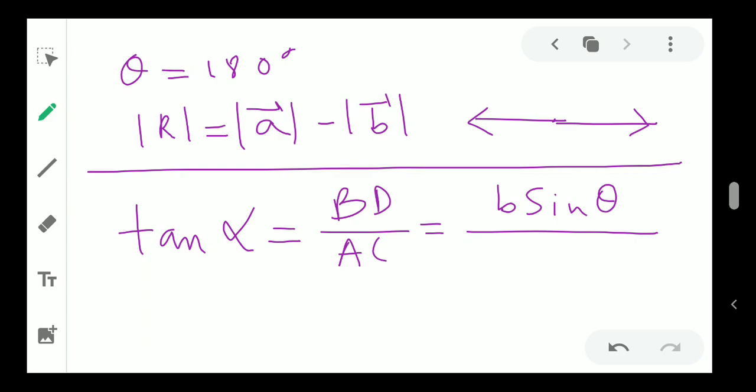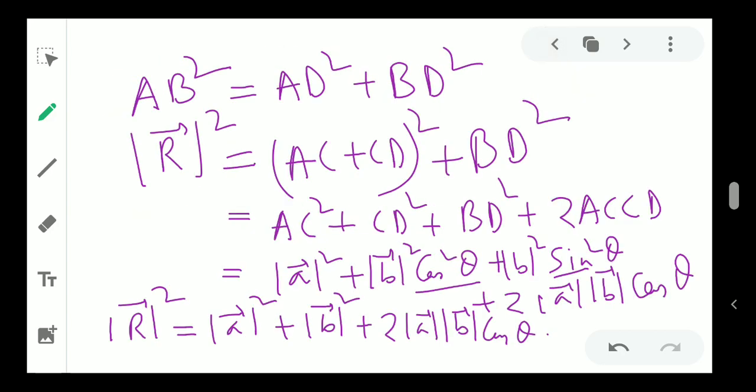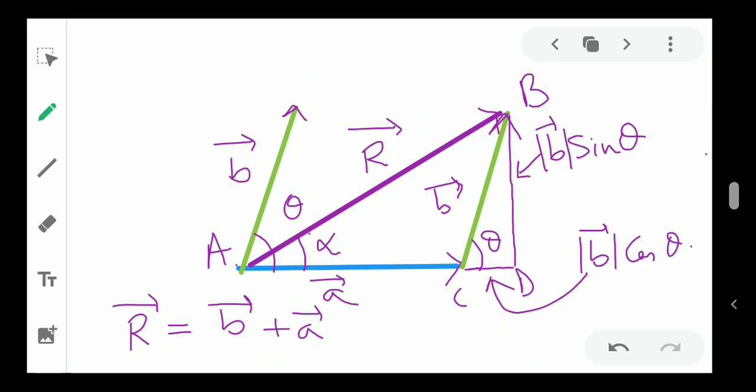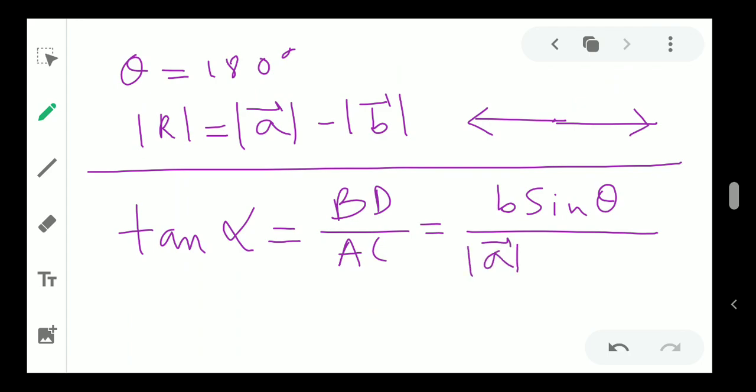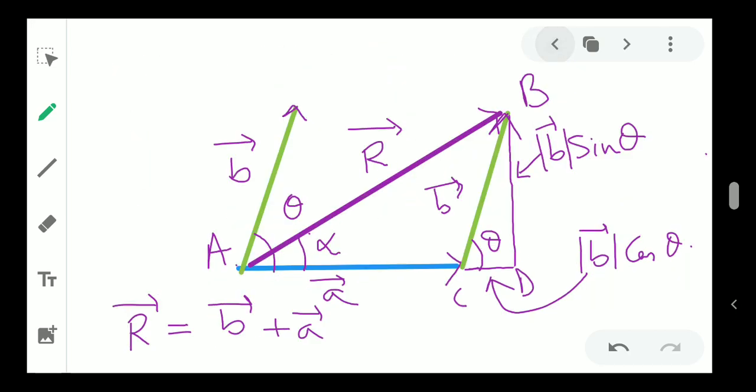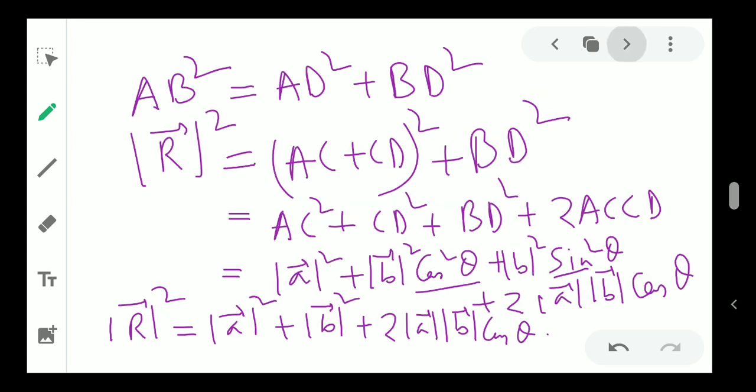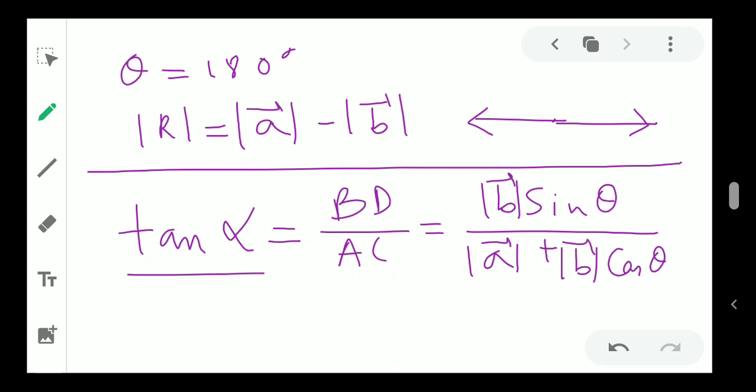This theta is the angle between two vectors. This alpha is the angle between the resultant vector and the base vector, that means A. And AD is AC plus CD. AC is A and CD is B cos theta, because this was B cos theta.